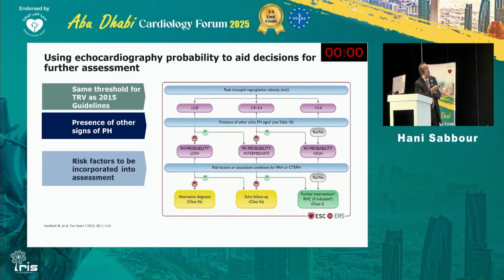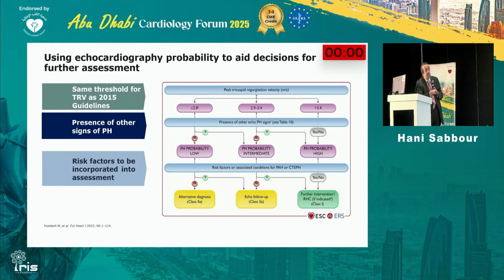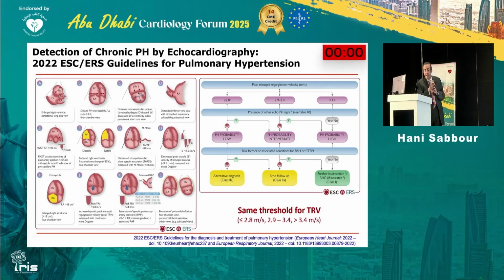So what it actually tells us is even if the pressure is reported, the TR velocity is low, but you have any of the other features you saw on the previous page, still right heart cath may be indicated. Still, even if the TR velocity is not elevated. So let's remember that. ESC guidelines. Do we follow the guidelines in all matters of cardiology? And yes, we do. This is one guideline we can't miss. Look at all of this.